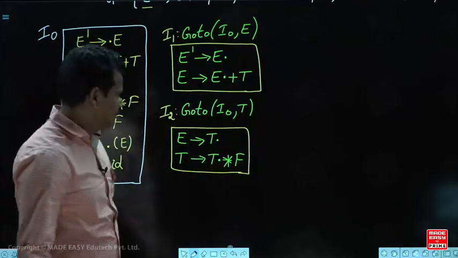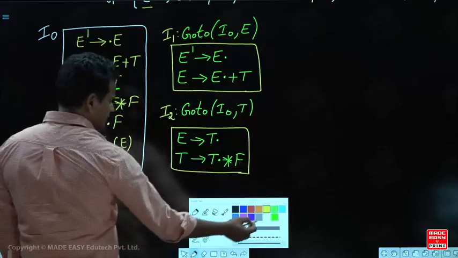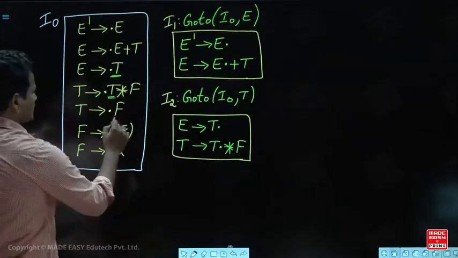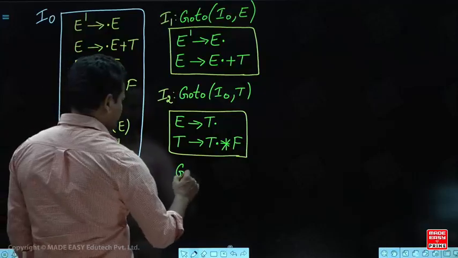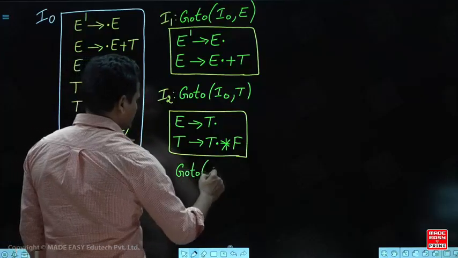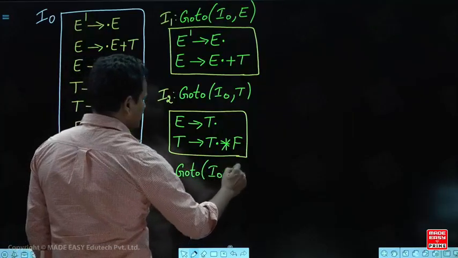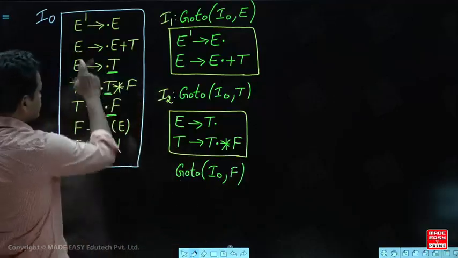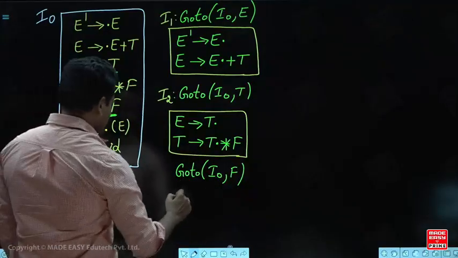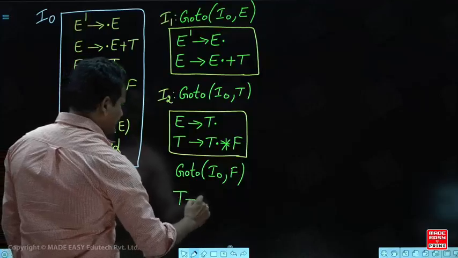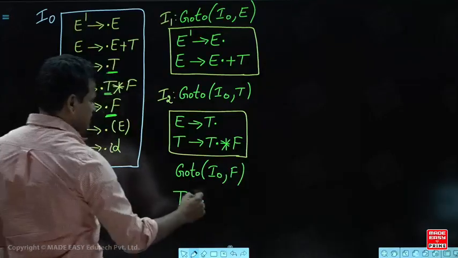Very simple. Now here, dot after F. F is in only one place. So write goto of I0 comma F. This state is I0 and here the shift symbol is F. If I write the goto for this, what will you get?